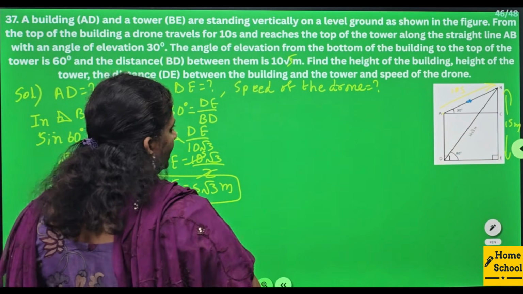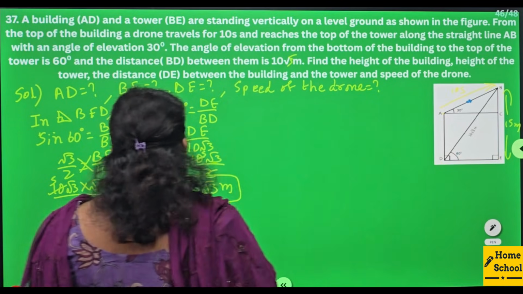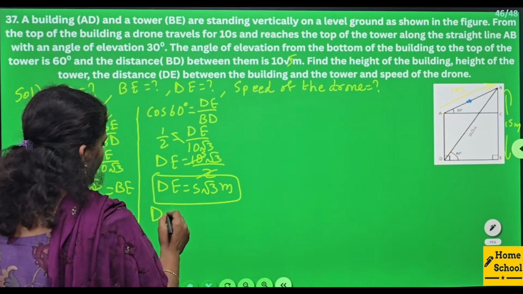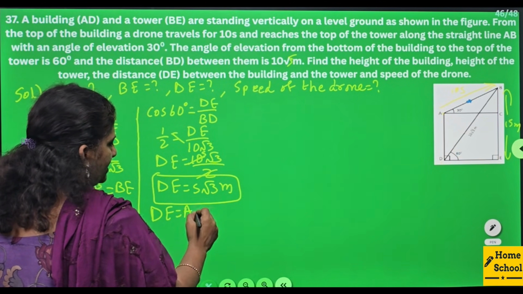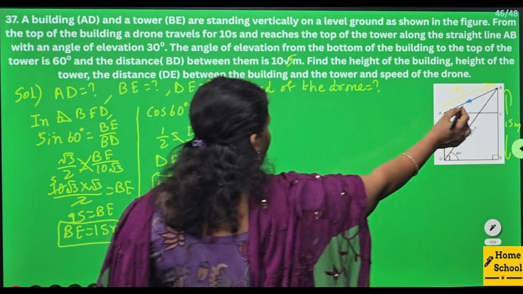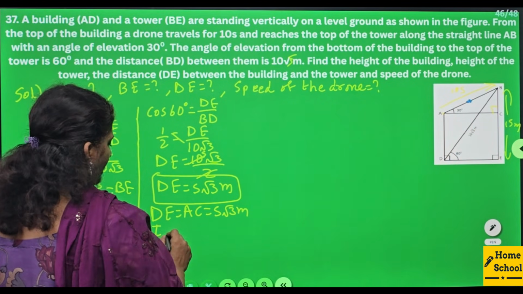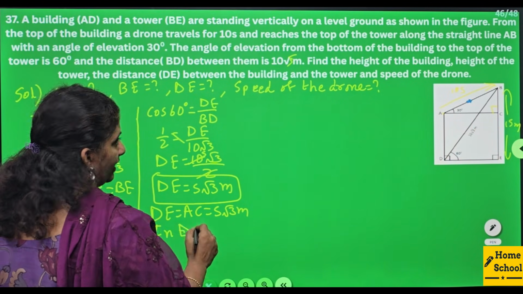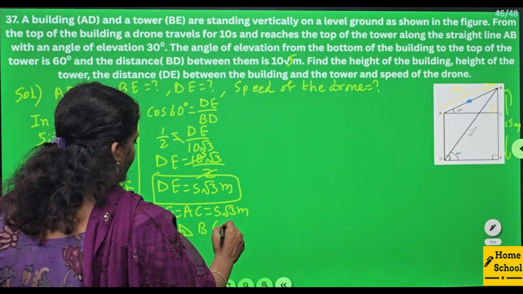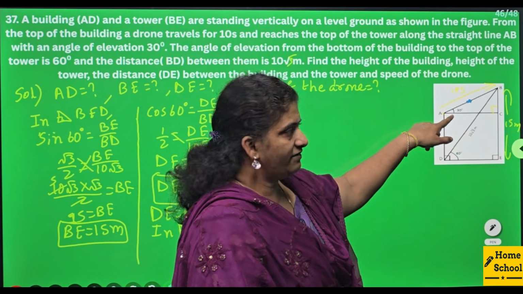Now we got DE is 5 root 3. See, observe here AC is also 5 root 3. DE is equal to AC is equal to 5 root 3. In the above right triangle, you can see another right triangle there. In right triangle BCA, your acute angle is here, theta value is 30 degrees.